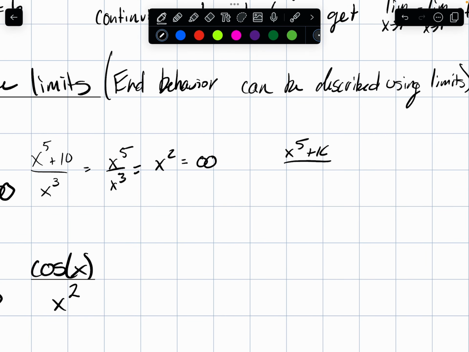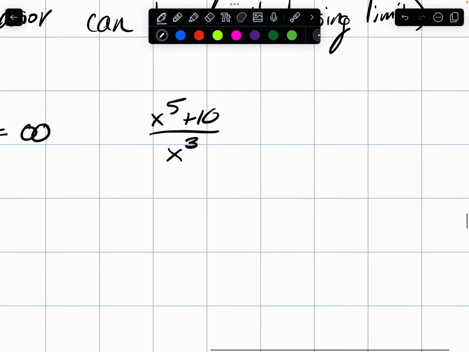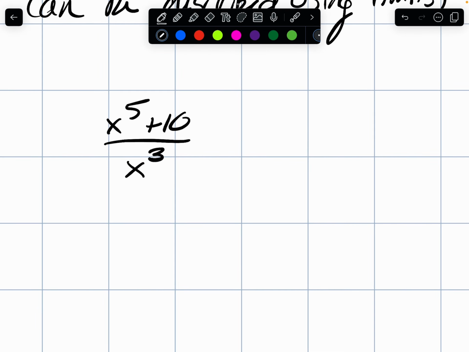Now, another way to do this is with the following. So let's say I have this sort of setup. I'm going to take the highest power, and I'm going to divide everything by the highest power. So I'm going to go x to the 5th plus 10 over x cubed, and what I'm going to do is divide here.